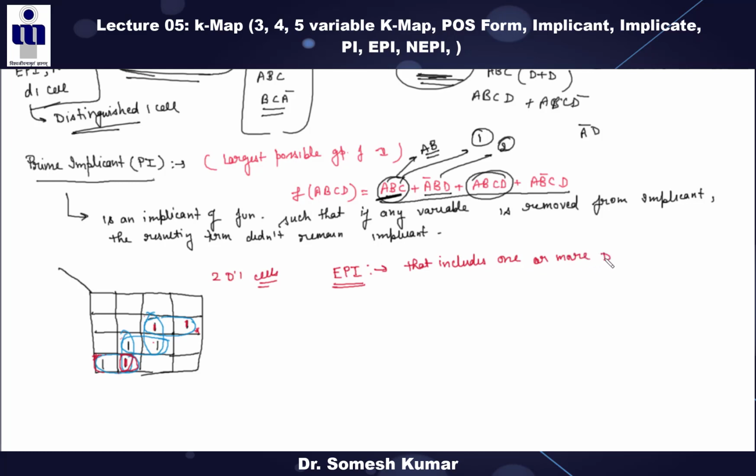What is the meaning of this? Understand the basic meaning of essential prime implicants. I already told you essential prime implicants are those implicants which must come into the final minimized expression. So in this K-map, must this pair come into the final expression or not?